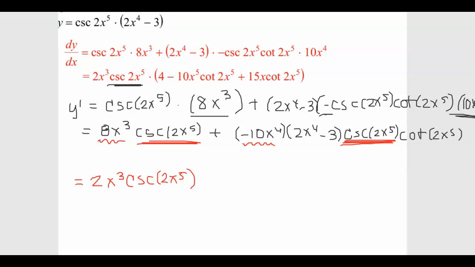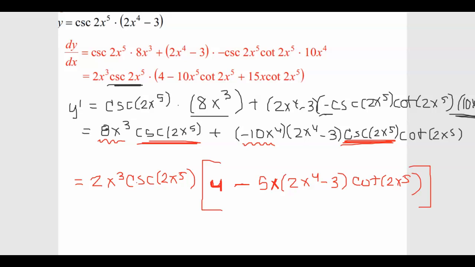And then what that leaves behind, well, here I took away x cubed. I divided 8 by 2 and got 4, and I took this away. So that's where the 4 came from. This is still negative. I divided 10 by 2 to get 5, but there's still an x there. And then you had 2x to the 4th minus 3, and a cotangent still.